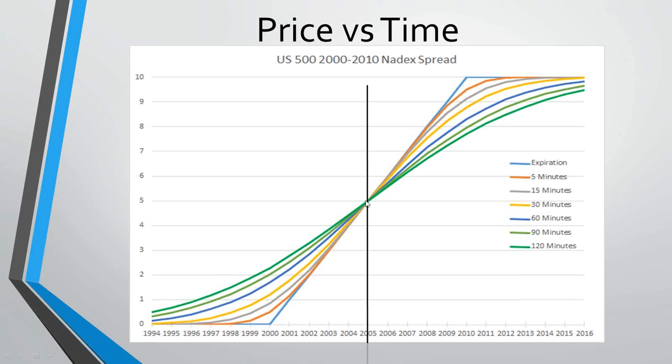If we put it on at 2005, don't worry about the bid-offer right now. Let's just say we're putting it on at theoretical value and it sits there for 120 minutes. Theoretically, it's still worth the $5 that we put it on at.